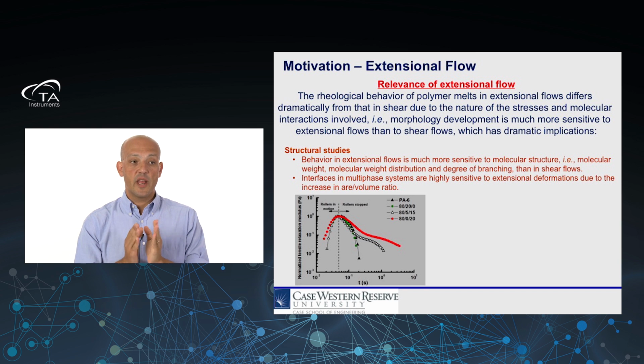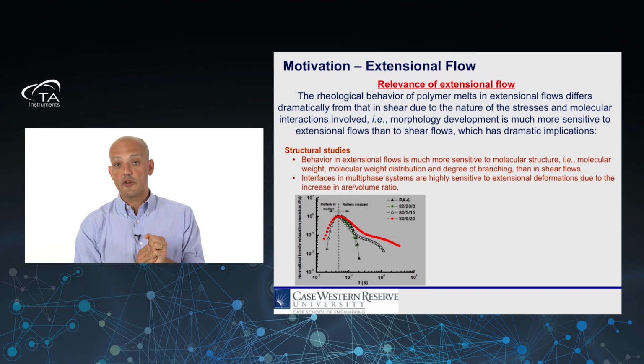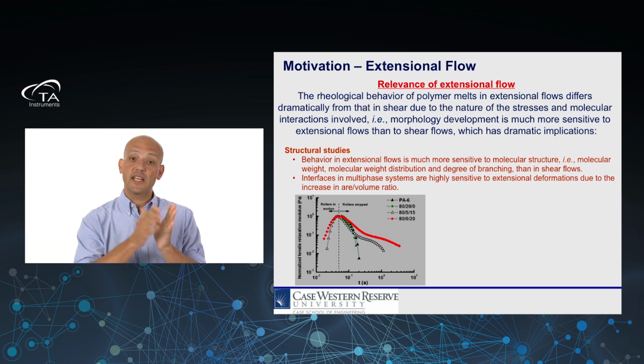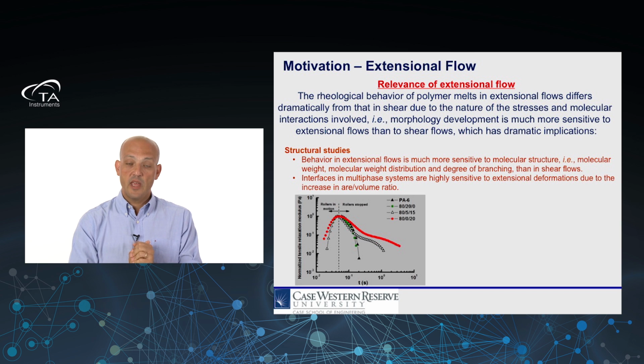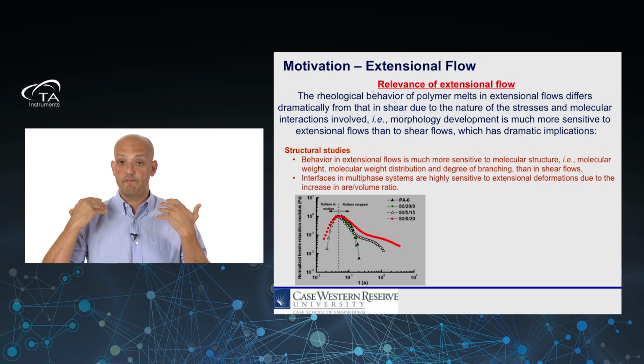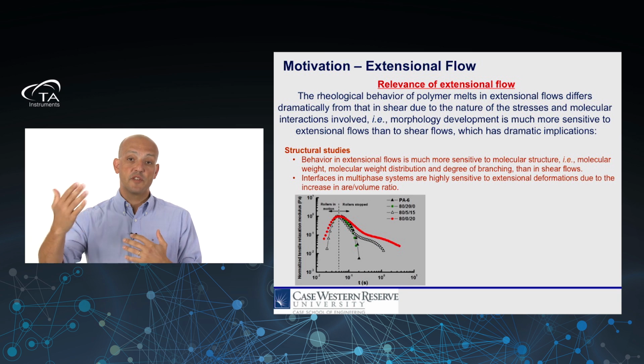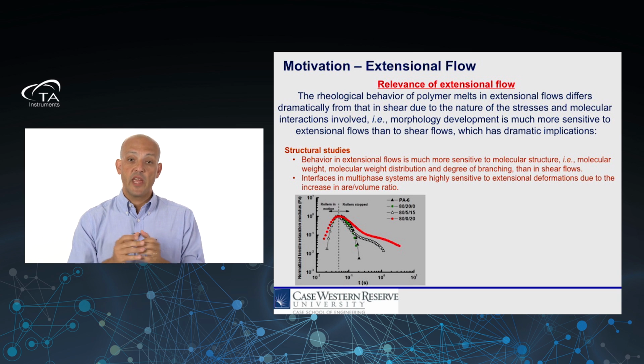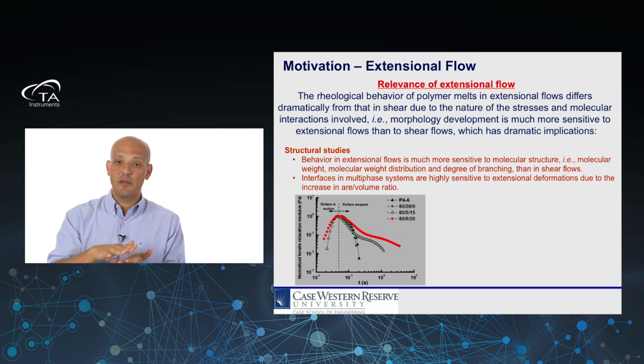If I have now an immiscible blend of 80% polyamide 6, 20% of EPM, but non-compatibilized, which is represented there in green, what I see is that the relaxation basically follows that of the polyamide 6. And the reason for that is because the EPM rubber is much more viscous than the polyamide, and when we deform the material, that deformation is essentially applied to the polyamide phase.